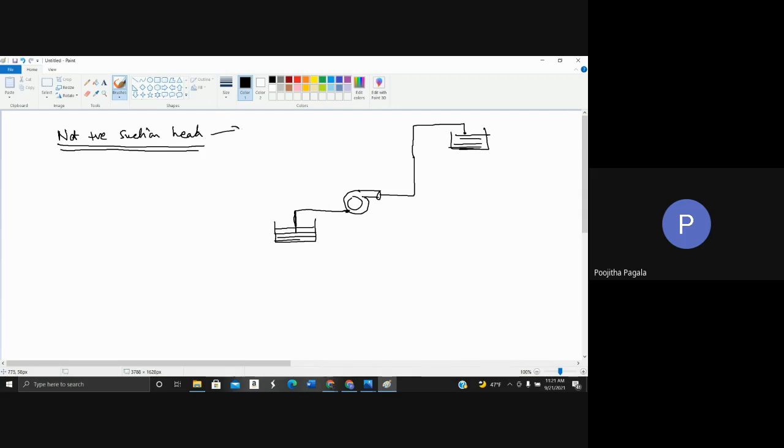This concept comes into picture only for volatile fluids, which have the tendency to vaporize at operating conditions. For example, water, it could be oil. For non-volatile fluids, this concept is not very important. So what is net positive suction head?